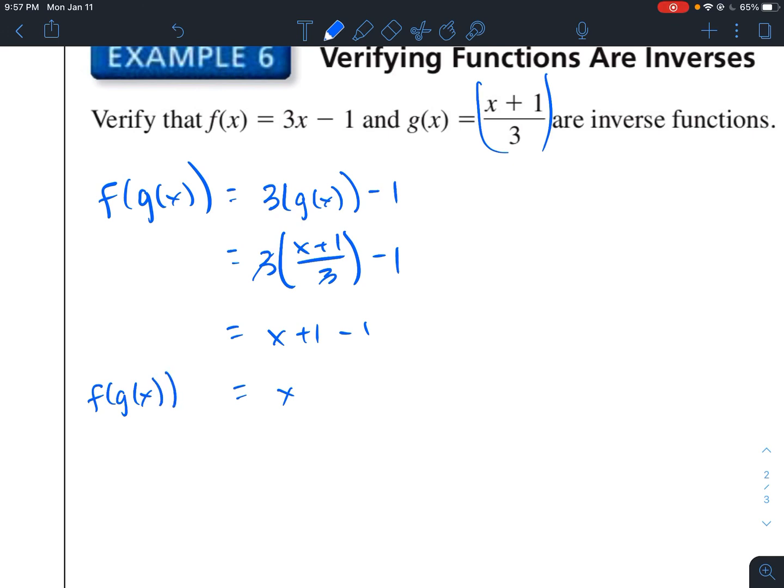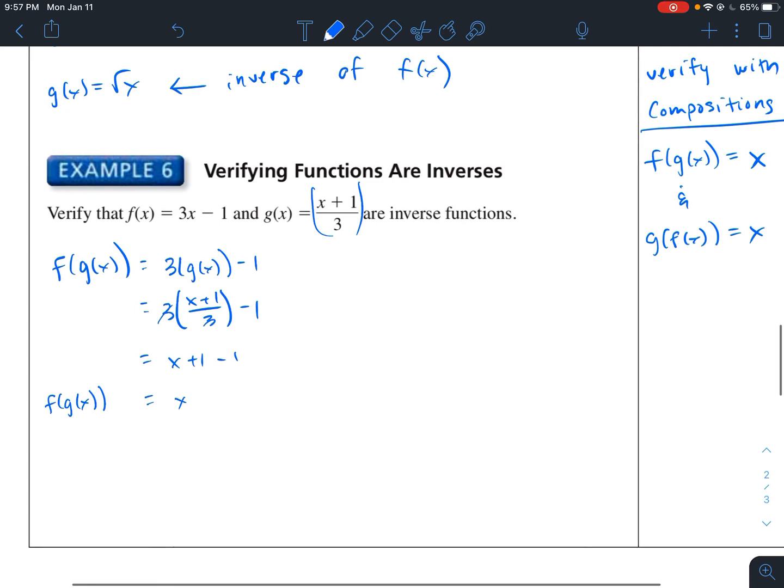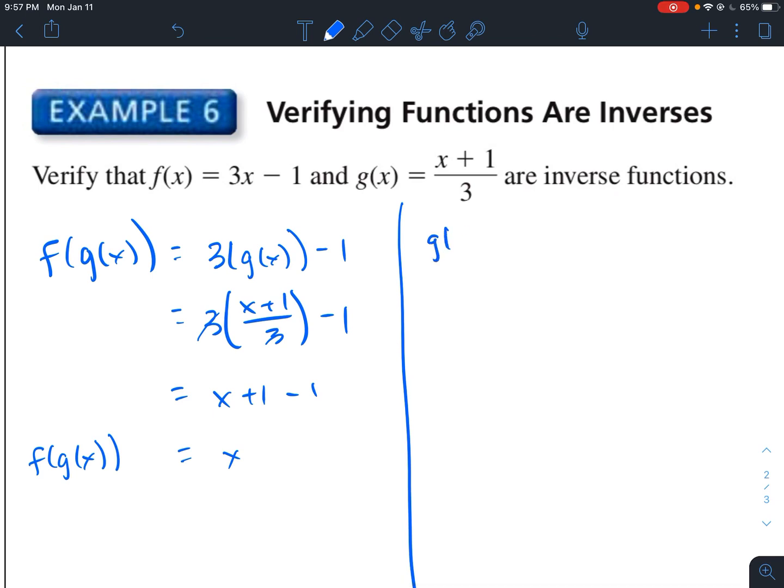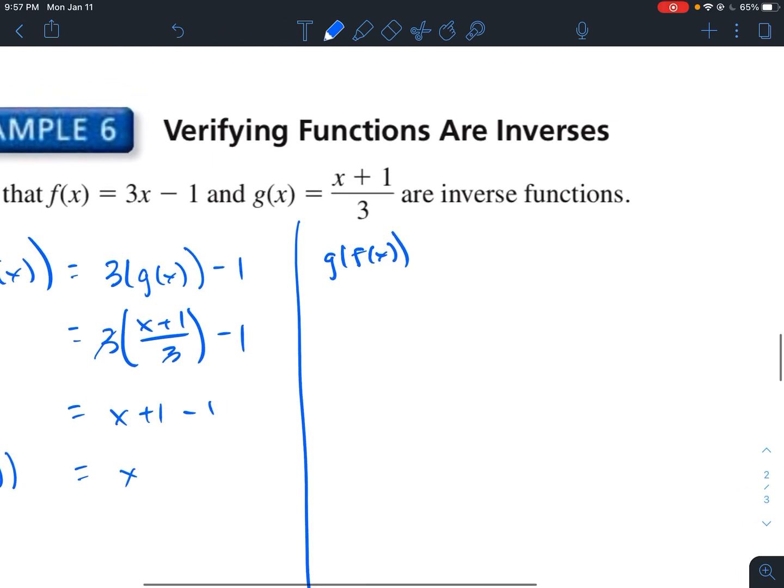So f of g of x is equal to x. So far so good, but we have to make sure that it works the other way around. We have to make sure that g of f of x is equal to x. So now we're going to take f of x and plug it into g of x.